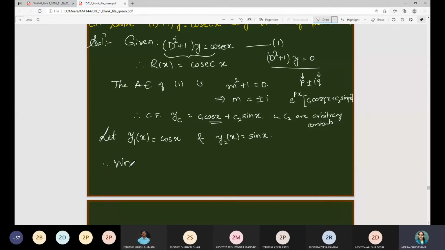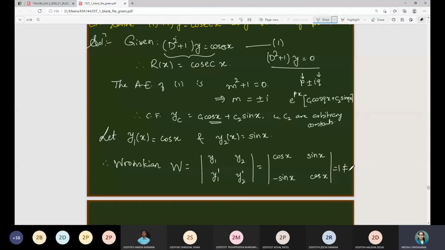So therefore, the Wronskian W is, by definition, the determinant with rows y1, y2 and y1 dash, y2 dash. So that is equal to y1, which we have chosen as cos x, and y2 as sin x. For the derivatives, it is minus sin x, and the derivative of sin x is cos x, so it is cos² x + sin² x, which is 1, not equal to 0.